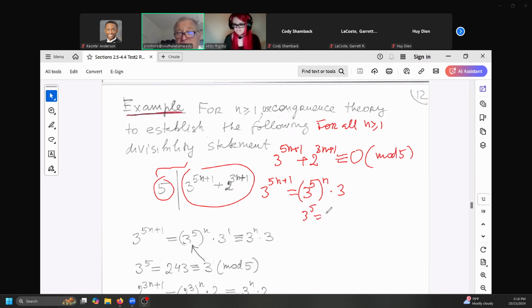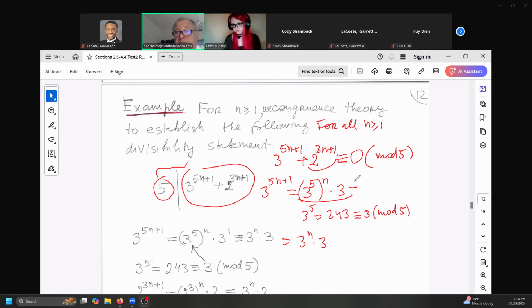If you use a calculator, it's 243, and 243 is congruent to 3 modulo 5. I replace 3 to the power 5 by 3, so this expression becomes 3 to the power n times 3.